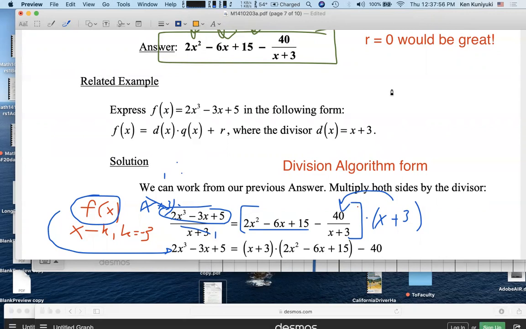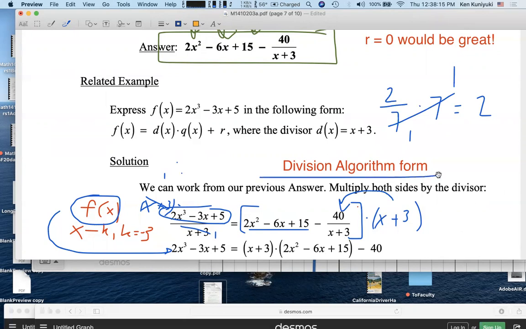Just like if you take 2/7 and you multiply by 7, you end up with 2. Likewise here, when you multiply the fraction by its own bottom, you get the top, 40 with a minus in front. That's the division algorithm form.